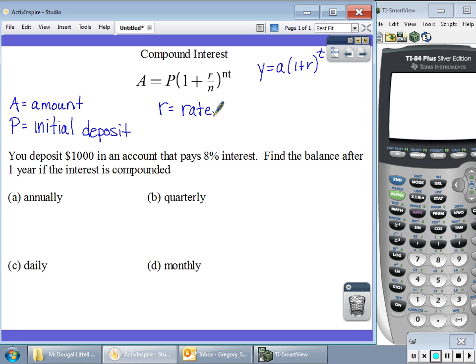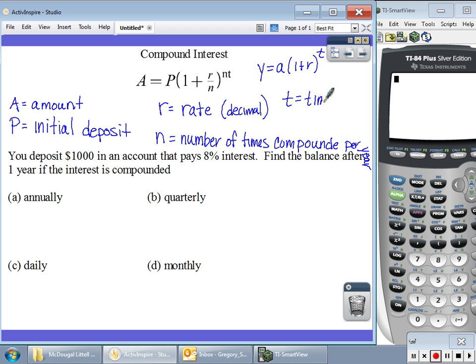We want to change it to a decimal. N is the number of times compounded, and this is the number of times compounded per year. And that's going to be really, really important. Compounded per year. We'll write that down right there. And then, of course, T is time in years.